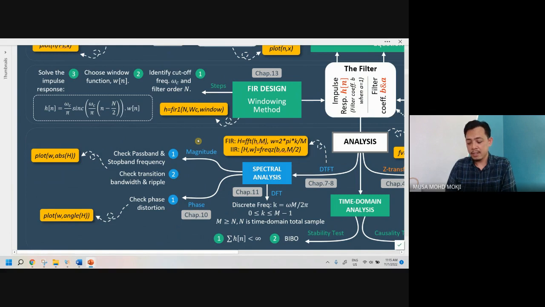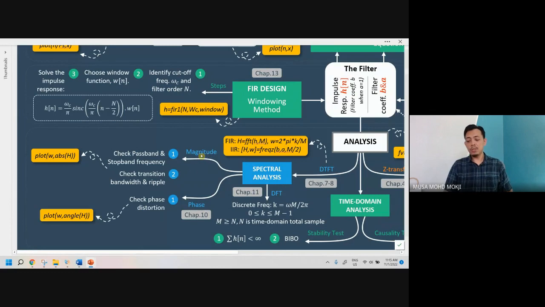Delay is very important because we don't want a delay on the bass and a different delay on the tweeter, or it will be chaos. We need to make sure the delay is the same, or at least the difference in delay is very, very small. Ideally it should be the same delay, because in that application we are separating the signal, so one signal goes to one sub-speaker and another signal goes to another sub-speaker.